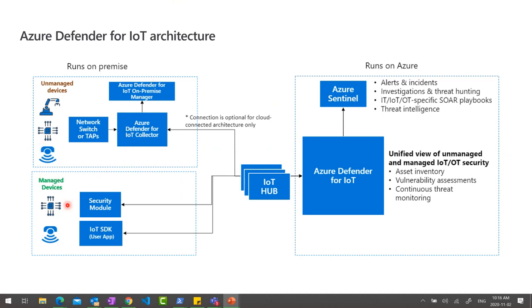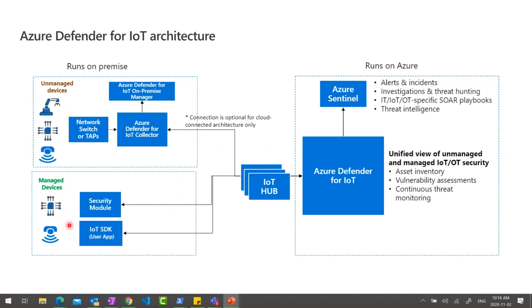Now, talking about managed devices, this is your Azure Security Center for IoT. This solution has been there for a while. We provide a security module for you, which is our lightweight agent. And this agent can be installed on any of the IoT devices that you want to monitor and keep safe. Right.